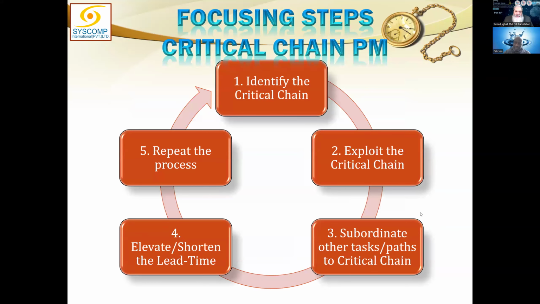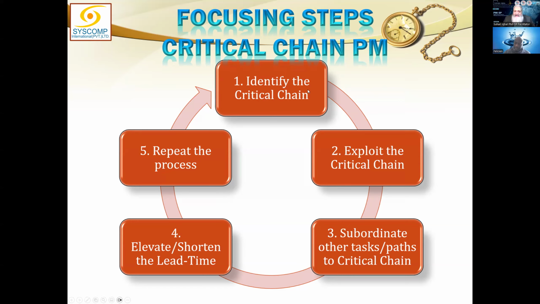Anyways, so how does it impact our critical chain? Actually, Goldratt initially came up with the idea of TOC, Theory of Constraints, and later his second book was on critical chain. This is specifically for project management. So the 5 steps in critical chain are very similar to the TOC 5 steps.